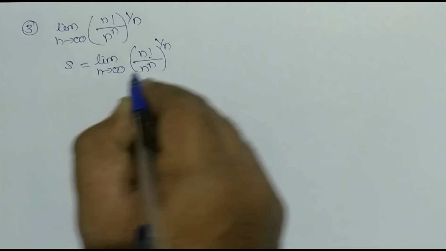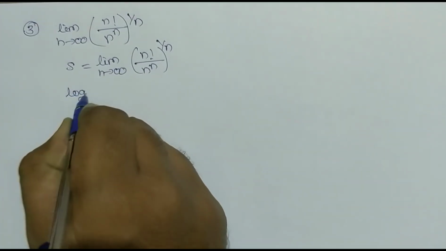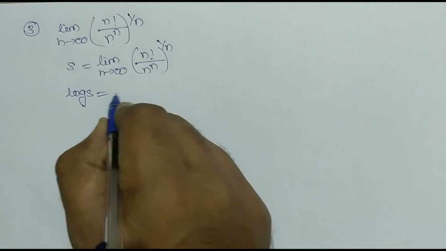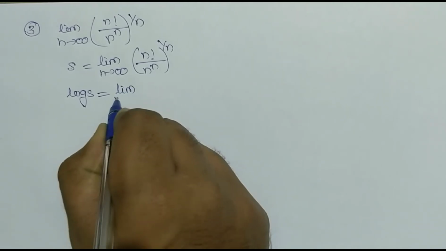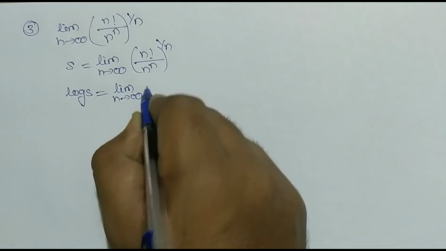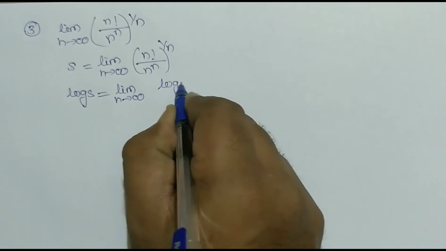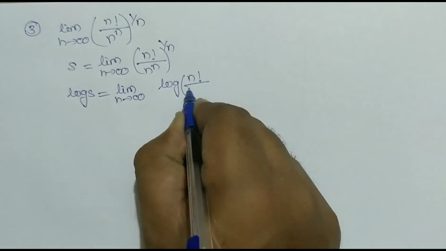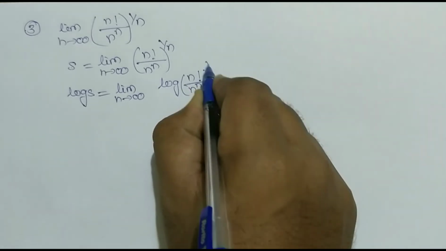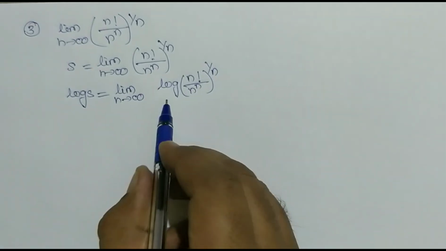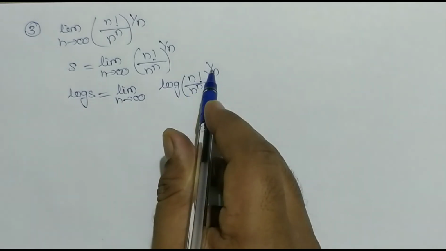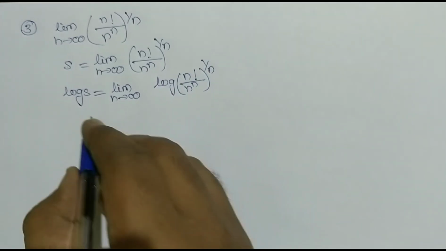Apply log. So you will get log s is equal to limit n tends to infinity log (n factorial by n power n) whole power 1 by n. Log a power m will become m log a.